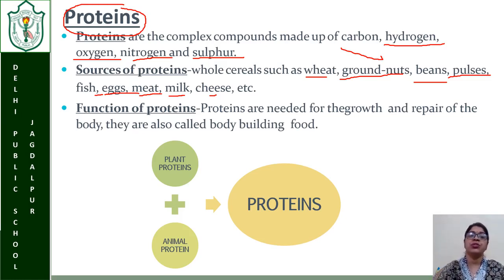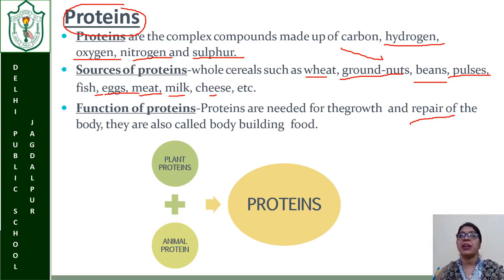What is the function of protein? Proteins are needed for growth and repair of the body. What is the meaning of repair here? Does our body get damaged every time? No, because continuously in our body the old cells are getting replaced by new cells, and sometimes some cells get worn out.